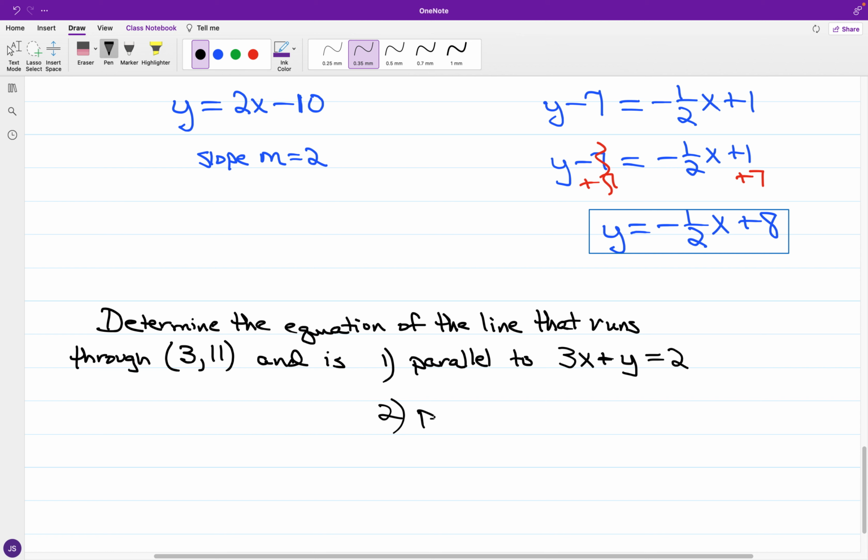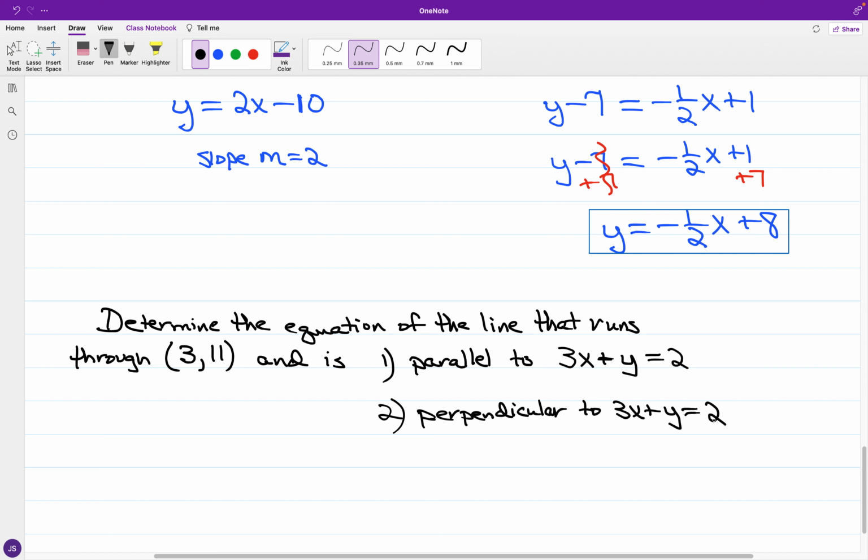And we'll say for the second line, we'll have that to be perpendicular also to 3x plus y is equal to 2.